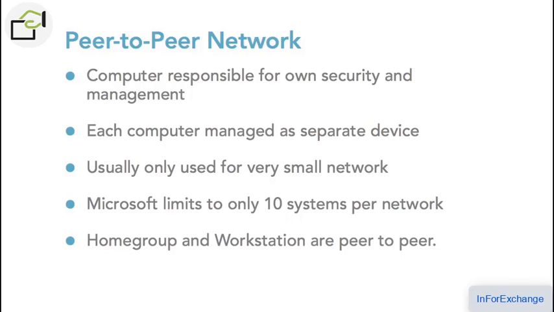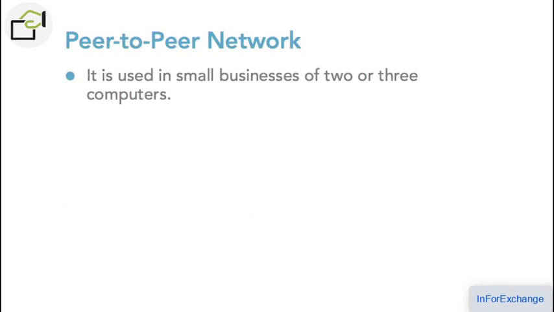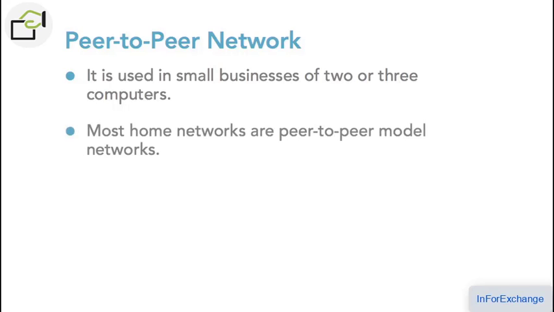In a small business environment, generally you don't want to have more than 2 or 3 computers if you're going to use a peer-to-peer model. In other words, a home office or some place like that would be a good situation where a peer-to-peer network model may work for you. Most home networks are also a peer-to-peer model because most home networks don't have a server that they set up in their home and connect everything to.